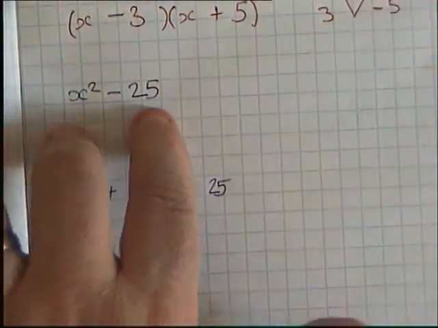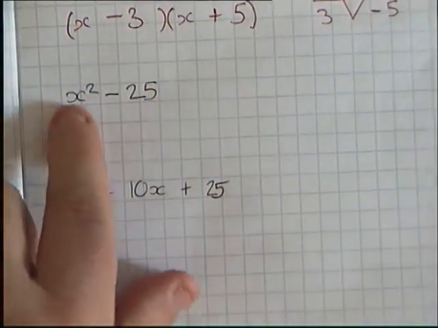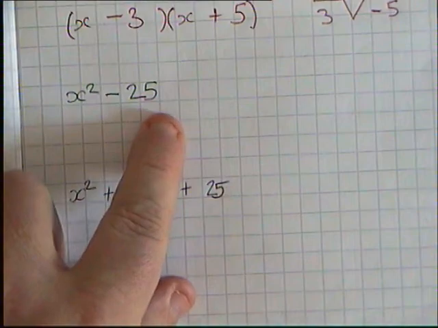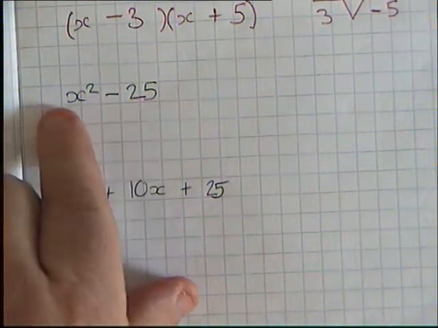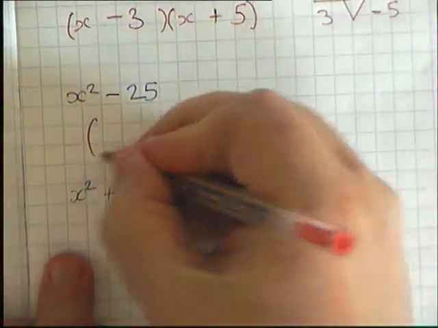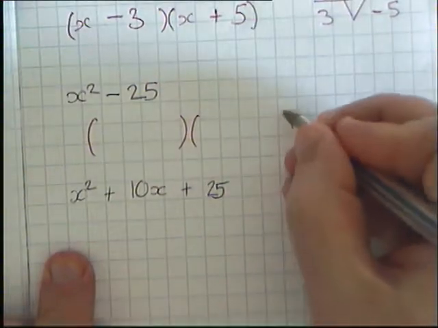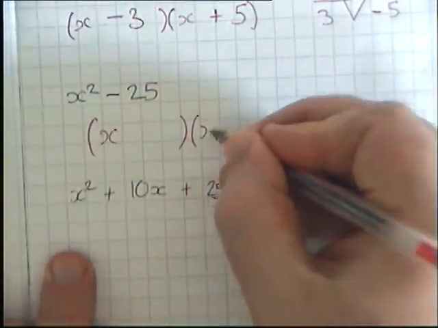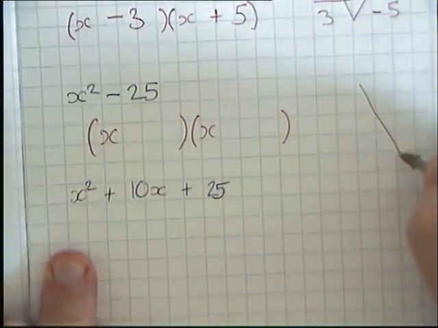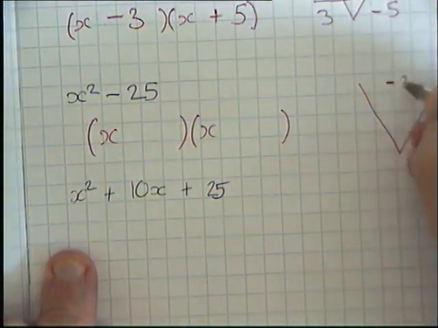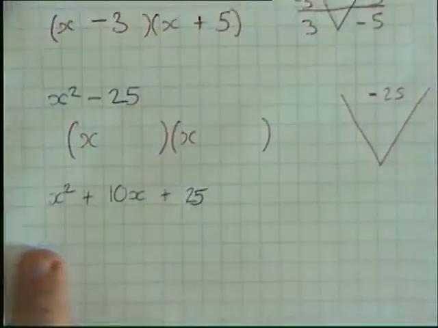Now this one's a bit of a confusing one. There's nothing that goes into x squared and 25. So therefore it must go into 2 brackets. That's our rule. And I'm going to think of factor pairs that times to make minus 25.